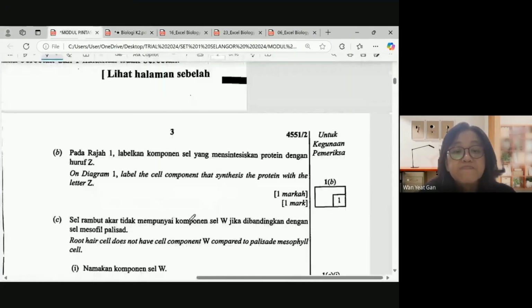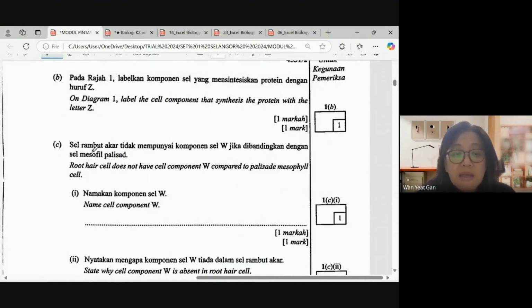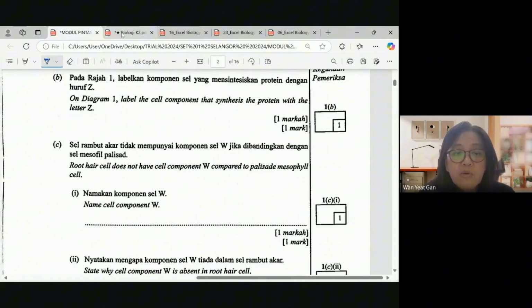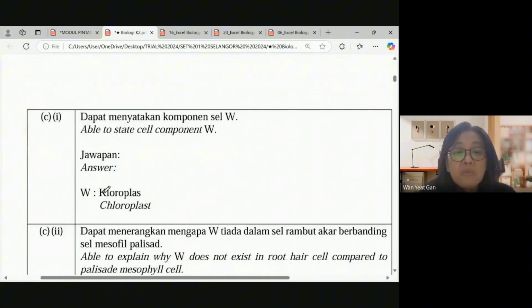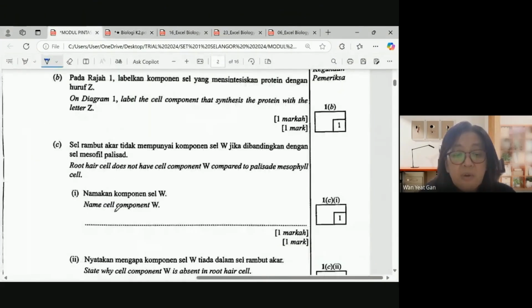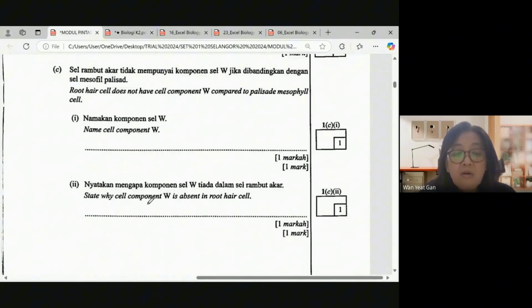Okay, next. Root hair cell does not have cell component W compared to palisade mesophyll cell. What is cell component W? Now, cell component W is chloroplast. So, the next part of the question asks why cell component W is absent in root hair cell.